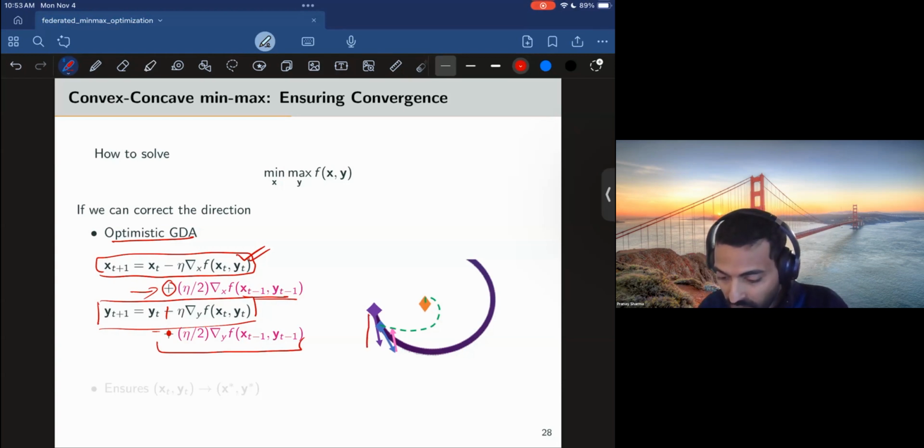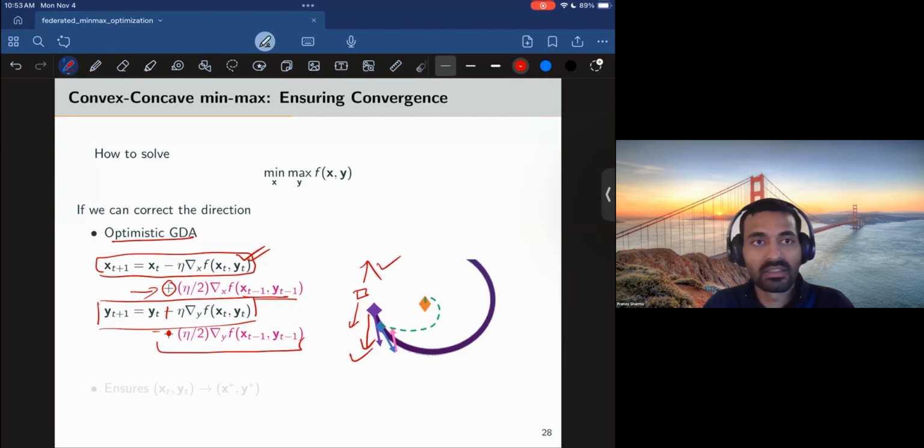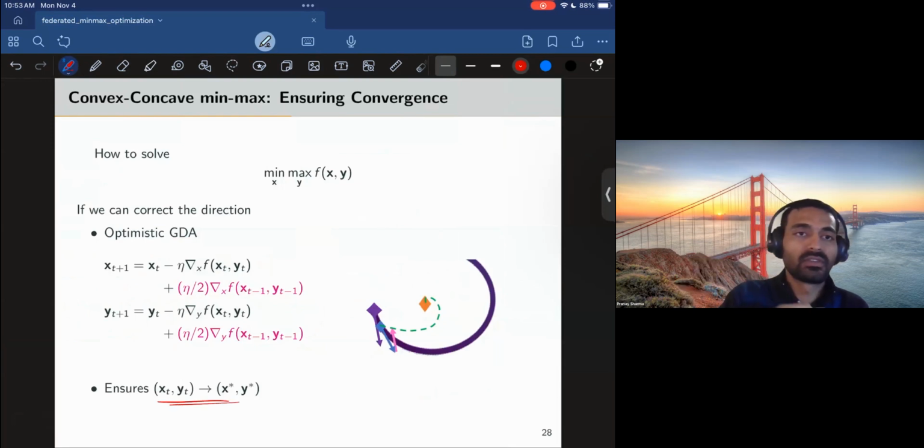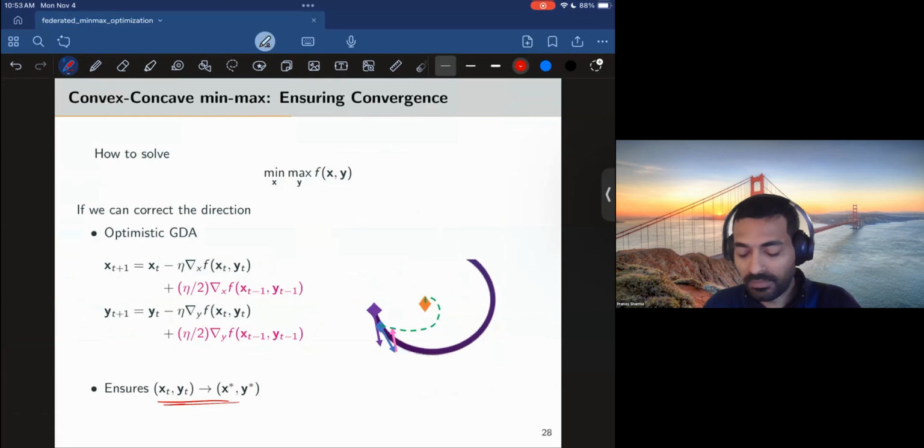So suppose your gradient at the current point is pointing in this direction, and similarly your gradient at some previous iterate was pointing in this direction, if you subtract it back, then it would point in this direction, right? So if you take an addition of this and this, you would sort of go inside rather than going outside. So that is the intuition of optimistic GDA. And once you do that, you indeed get convergence to the solution. So now your iterates would indeed converge to the saddle point.